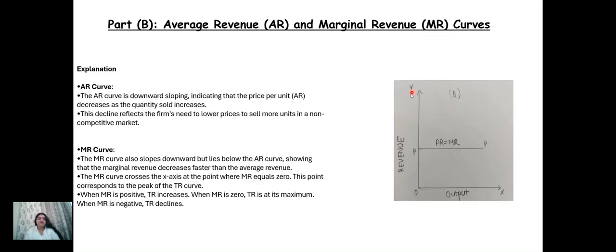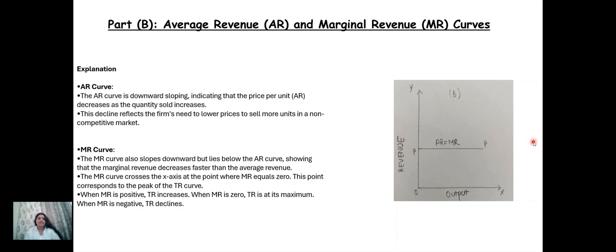And this is the curve of average revenue and marginal revenue. You can see it is linear. The total revenue curve is increasing in a linear way, and this one is totally constant. There is no upward direction and no downward direction. This one is constant.